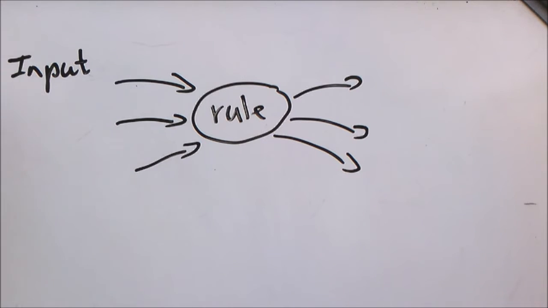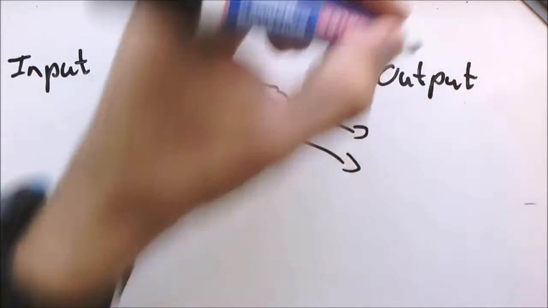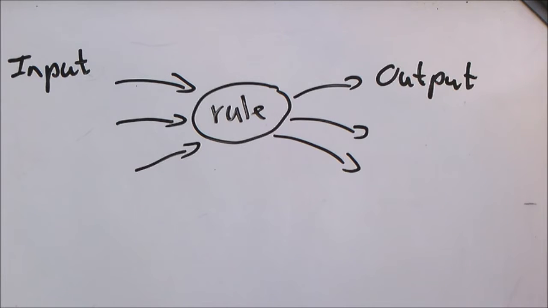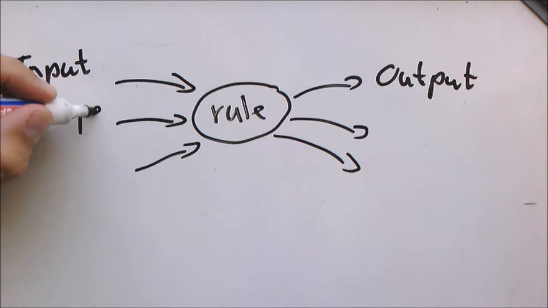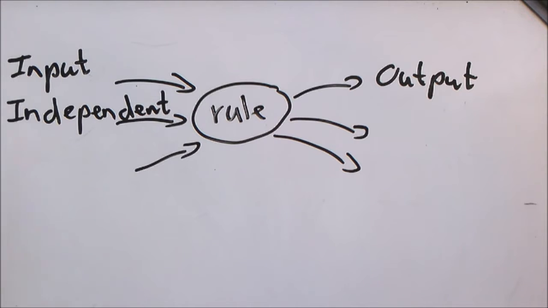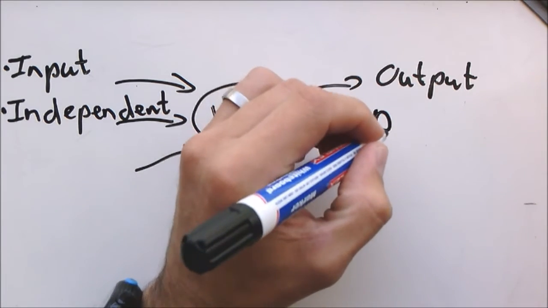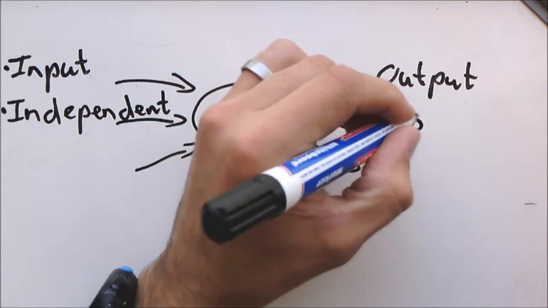Based on that input value, you have an output value, which will be y for a normal equation like we use. Now, your input value is independent, and your output value is dependent on your input value.